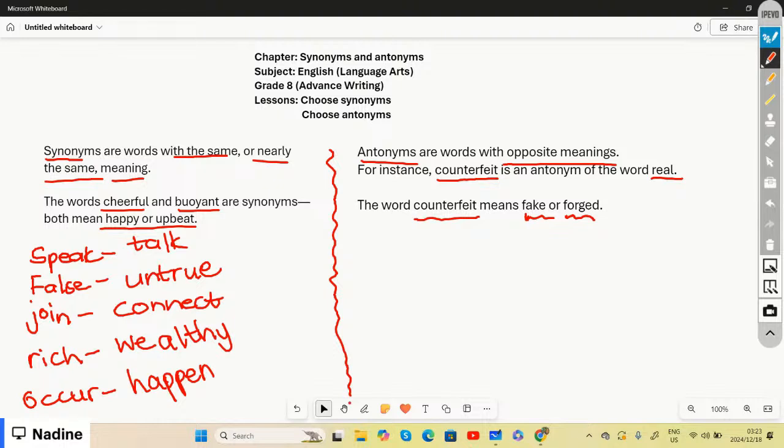And that is basically words with the same as or almost the same as, or we can say nearly the same meaning.